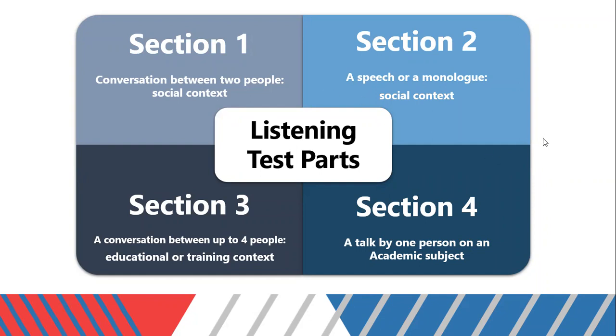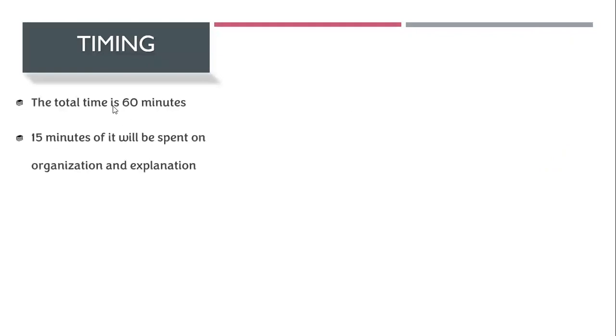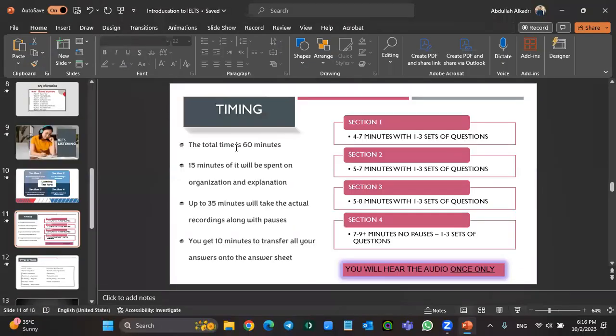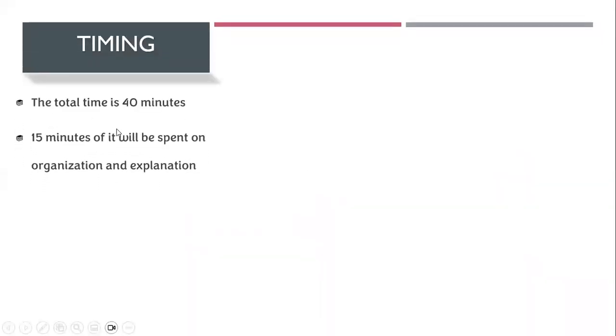Now, the timing of the test, as I said, it's gonna be 60 minutes, and sorry, it's 40 minutes. It's misspelled here. It's my bad. 15 minutes out of these 40 minutes are going to be for explanations, which means, for example, they gave you the paper and they want to start the listening.